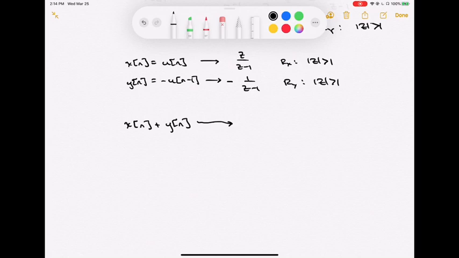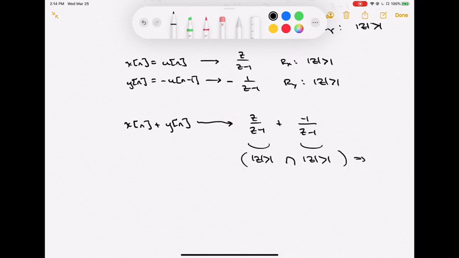The linearity property says I just take the transform for x, which is z over z minus 1, and add to that the transform for y, which was minus 1 over z minus 1. The first one had a region of convergence norm z greater than 1. The second one also had a region of convergence norm z greater than 1. The intersection of both of those just gives me norm z greater than 1.